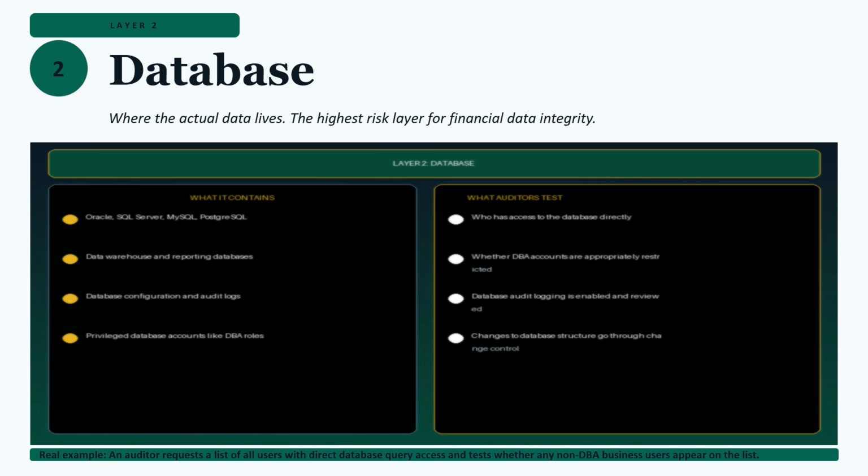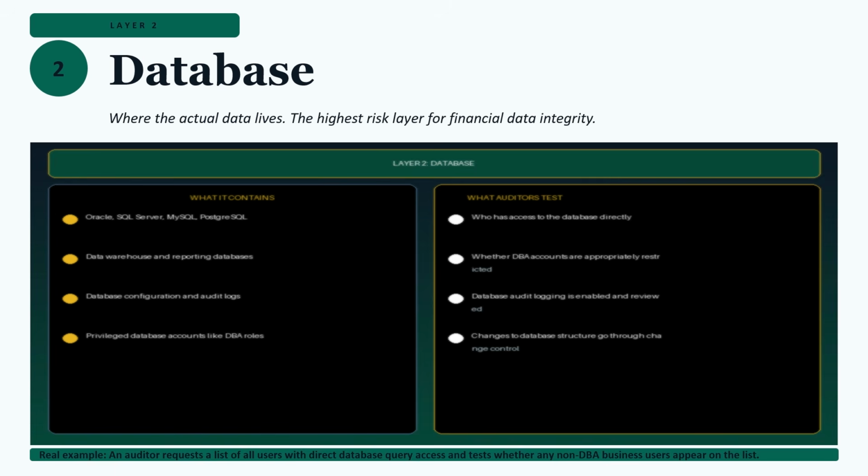Again, what do we test as IT auditors? We test who has direct database access outside of the application. So aside from having access to the application, there are DBA administrators that have direct access to the database.